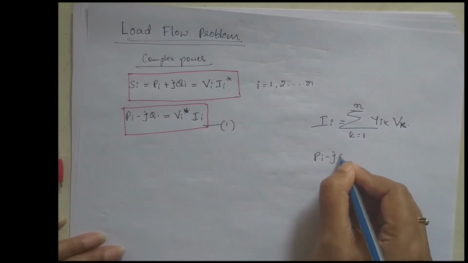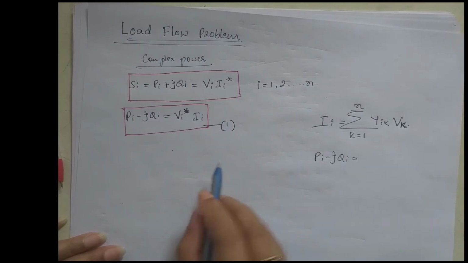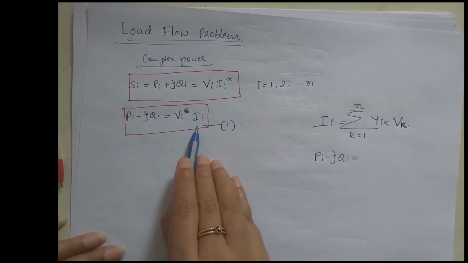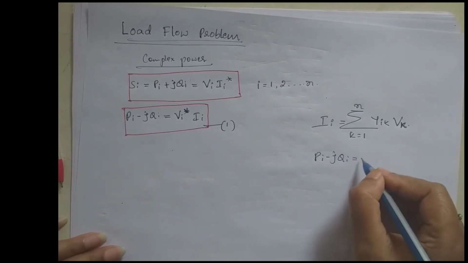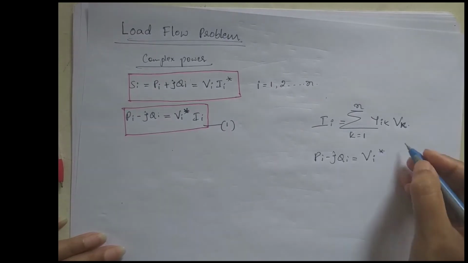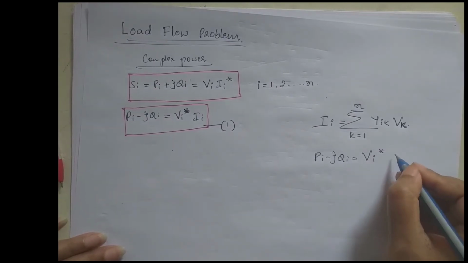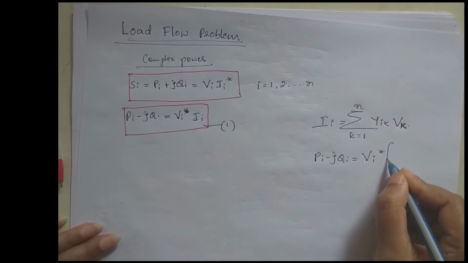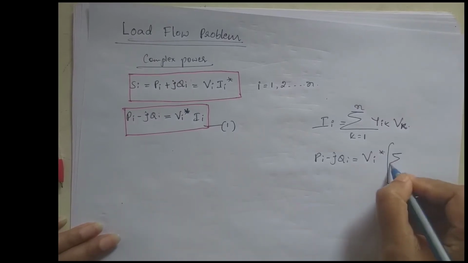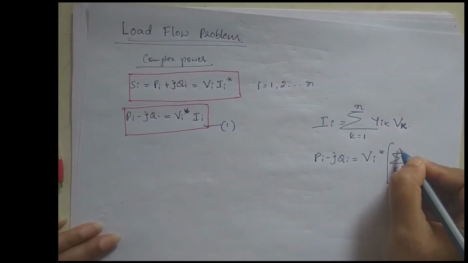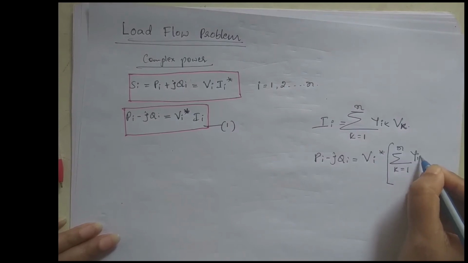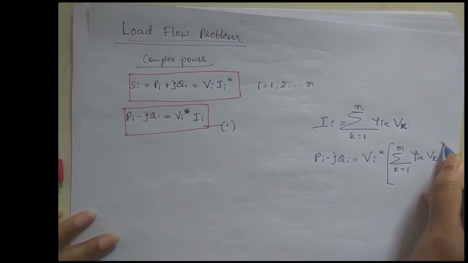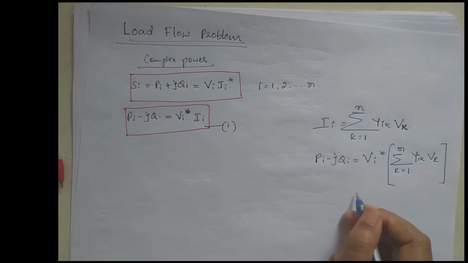Next, when you substitute this in equation 1, Pi minus jQi becomes Vi conjugate, instead of Ii, we take the summation of Yik Vk, where k varies from 1 to n.